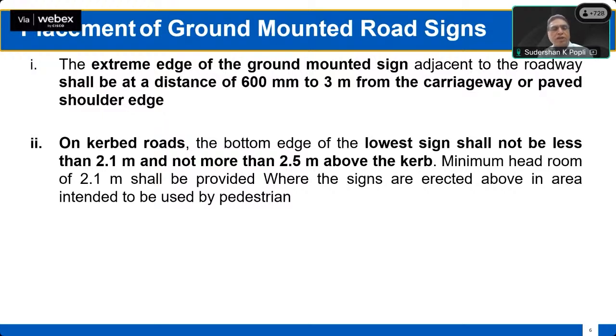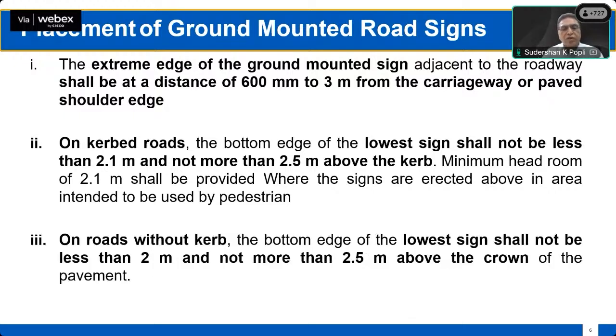On the median side, we are already providing the depressed median or the flush median. Then the lowest sign shall not be less than 2.1 meter or more than 2.5 meter. 2.1 meter is so that the pedestrian can move safely below the sign. And on roads without curbs, it can be not more than 2.5 meter above the crown of the pavement.